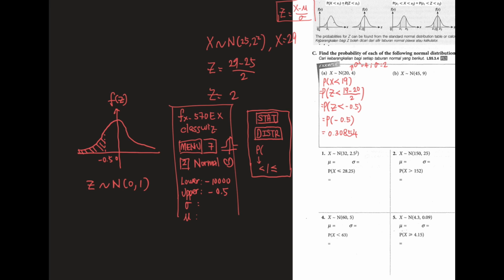For the mean, you put 0. Then you press equal, and that will show us the probability 0.30854, if you round off a little bit. So that is how we press the calculator.